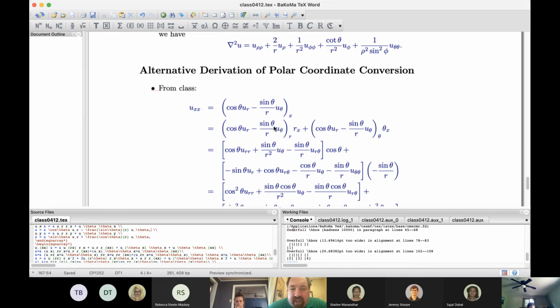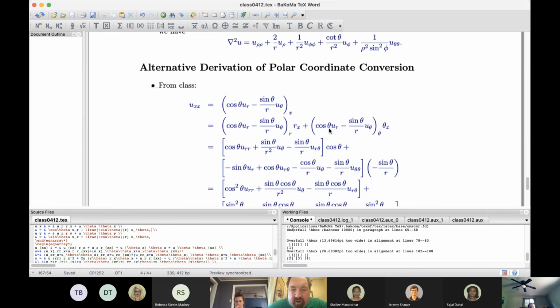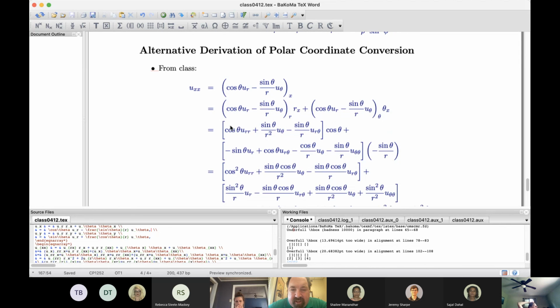So by using the expressions I got for u_x before, here I already have derivatives with respect to only r or theta. So now I'm no longer mixing partial derivatives, which is kind of an explanation for the mess up above.